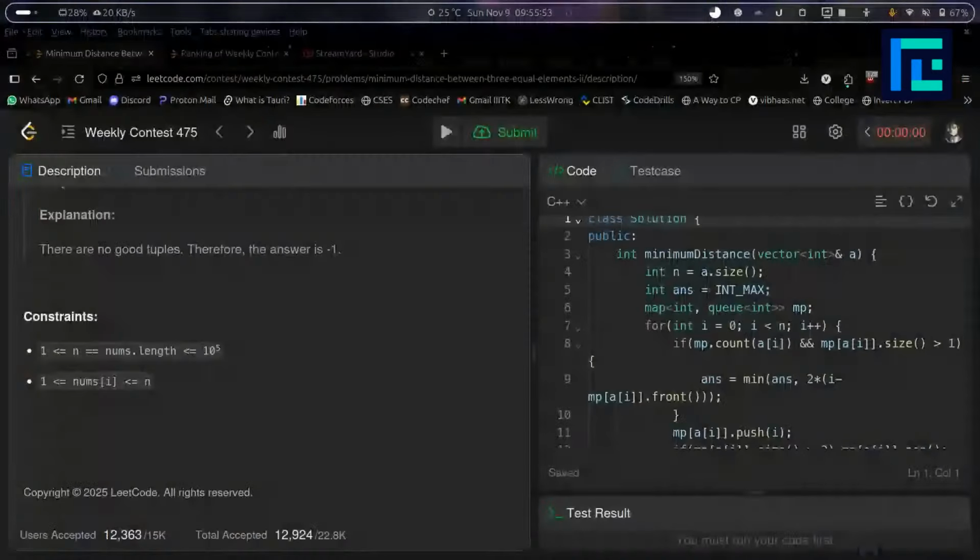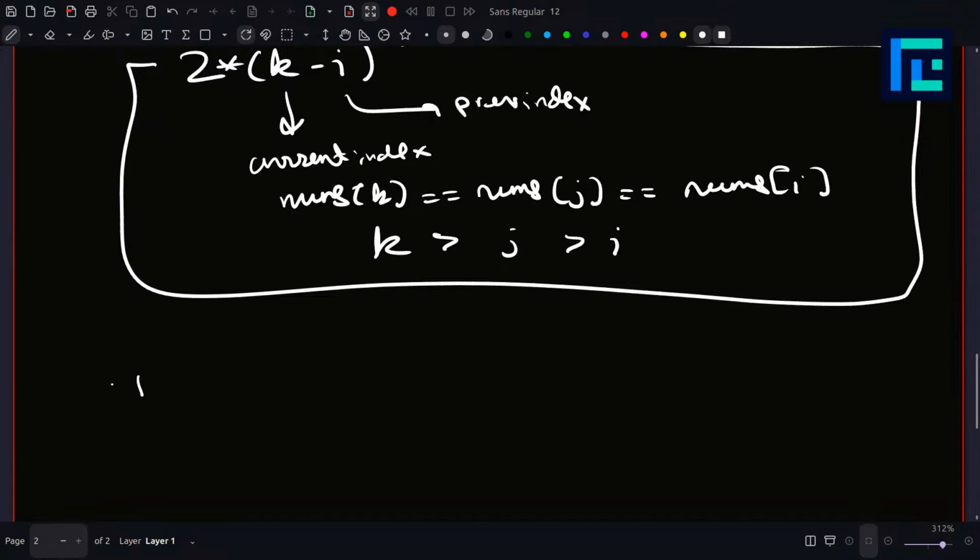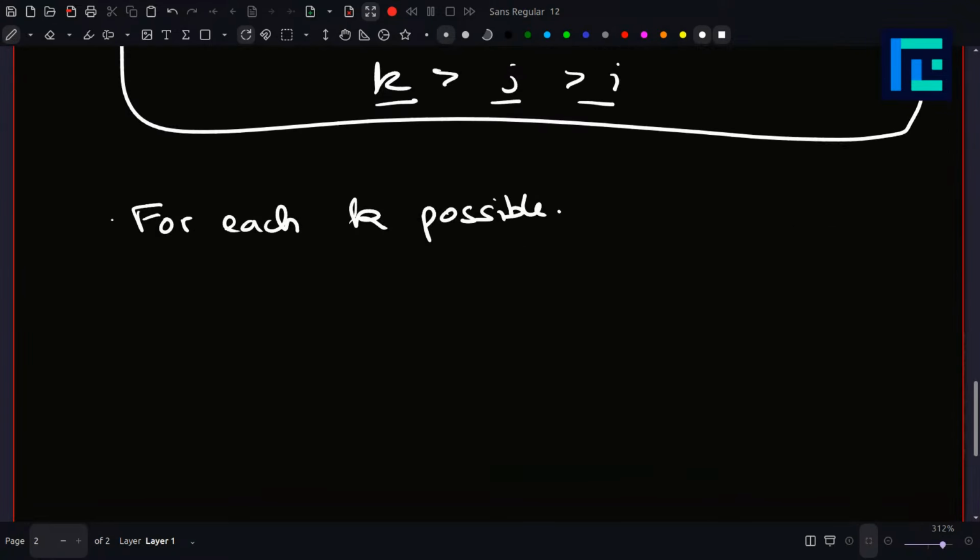What we can observe is that for each k, so we are going to assume that we look for the k. So k is the one which appears latest. So k is the one which appears after j and i. So for each possible k, we need to find a previous occurrence.